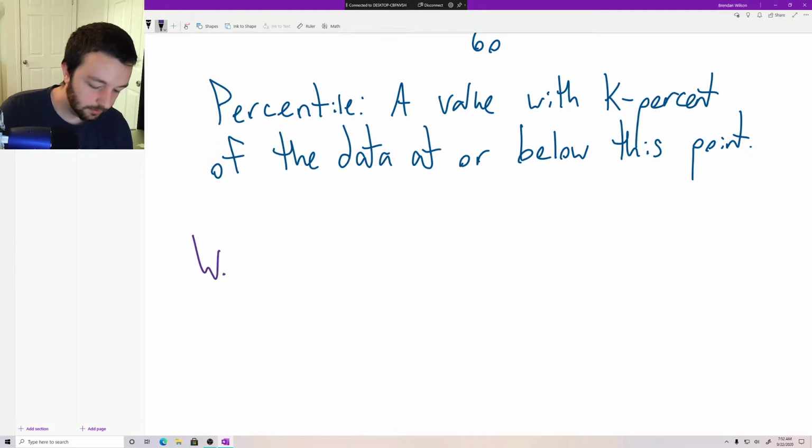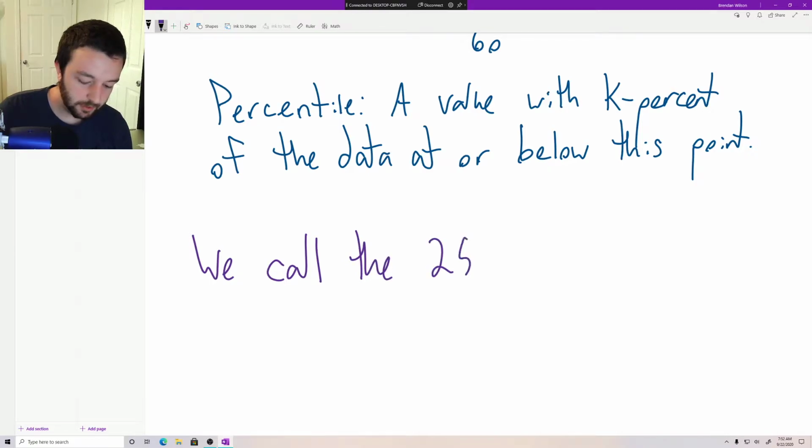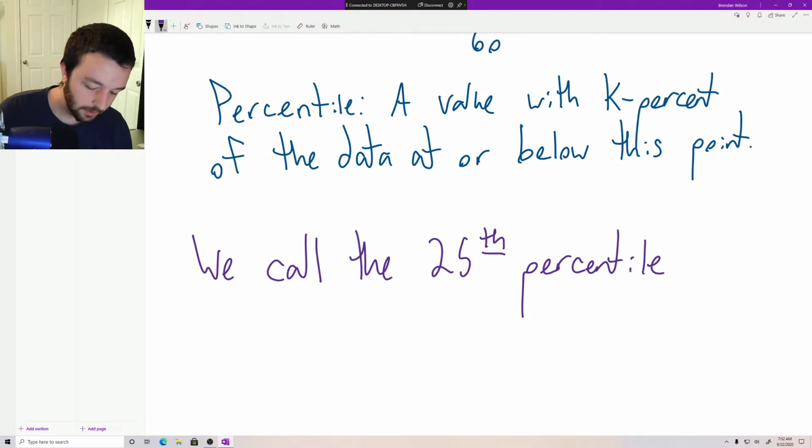So we call the 25th percentile the first quartile.